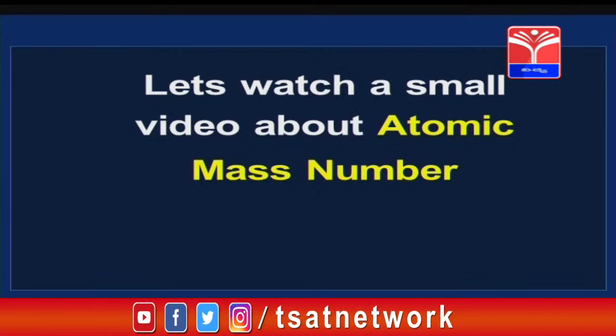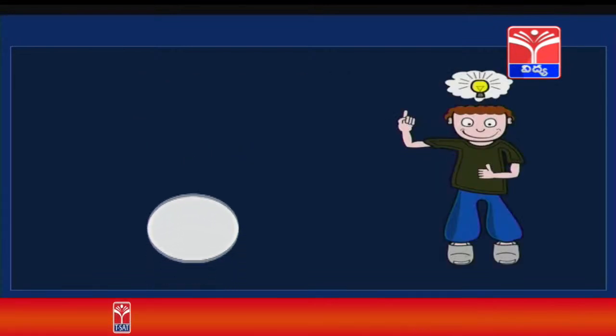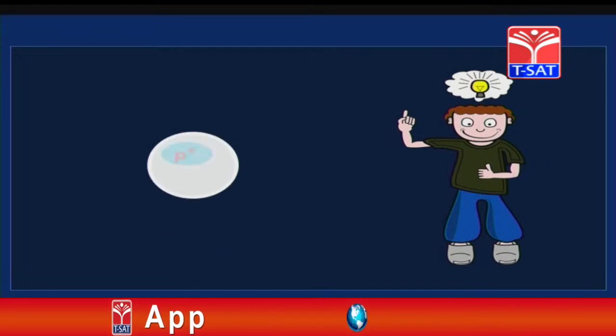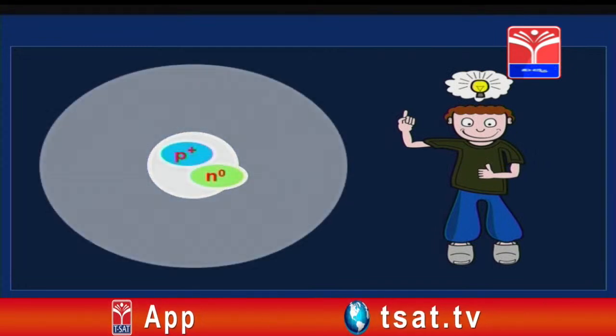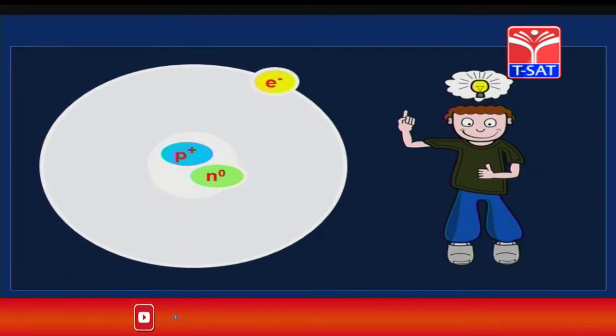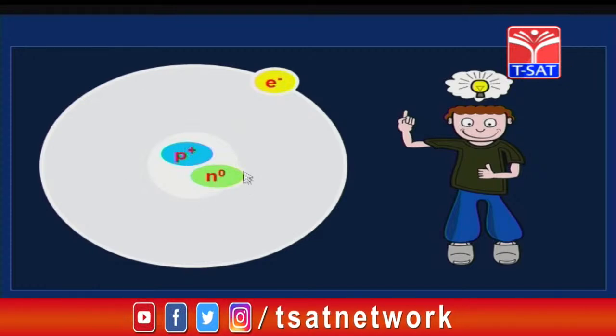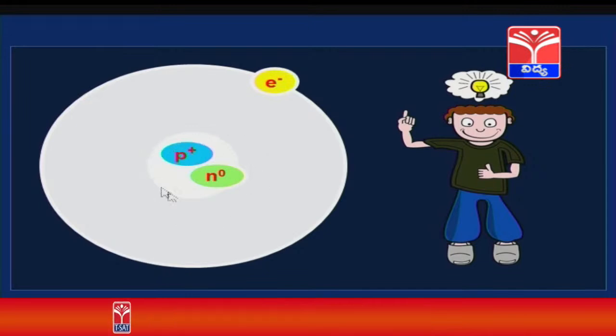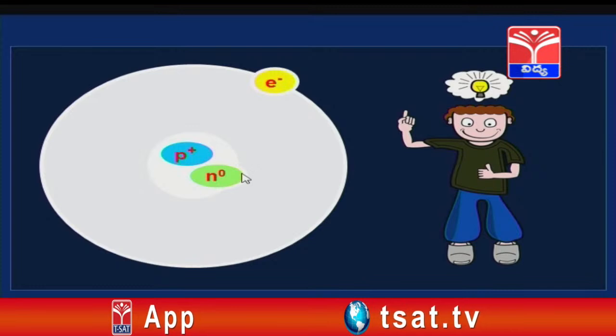We will take the example of the same hydrogen atom. Now, this is the nucleus of the hydrogen atom: one proton, one neutron, and one electron revolving around it. Now, inside the nucleus what are present? Protons and neutrons. Now, what is their sum? Their sum is nothing but the number of protons and neutrons inside the hydrogen atom.